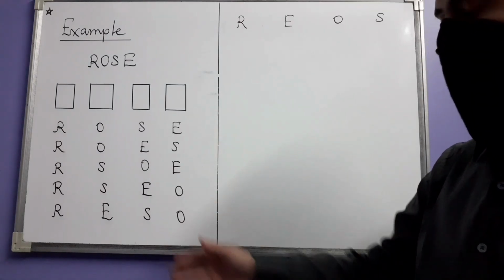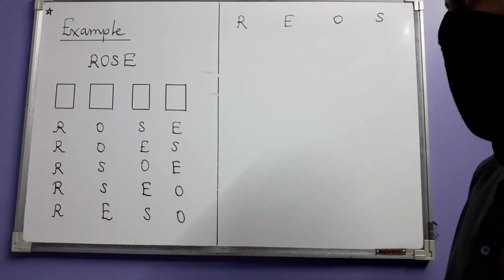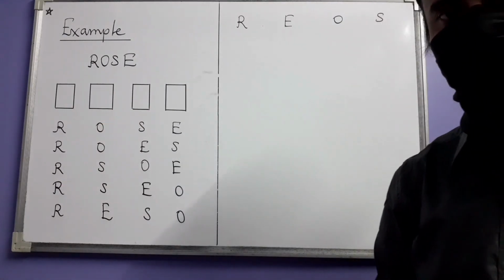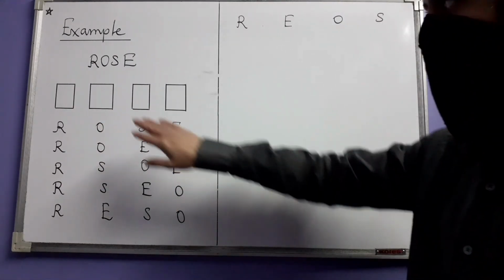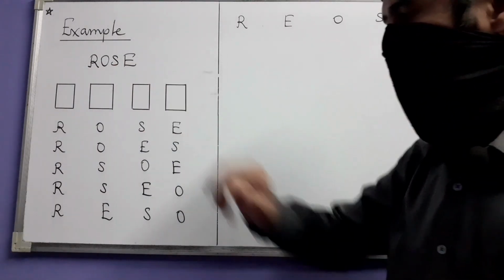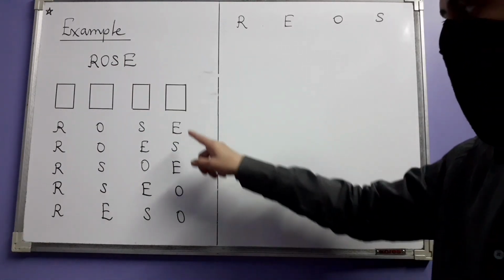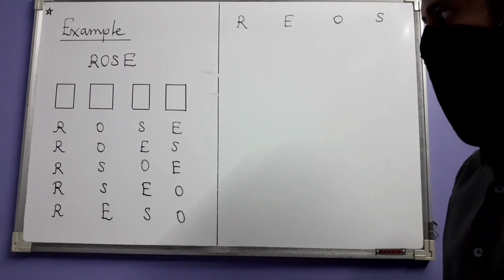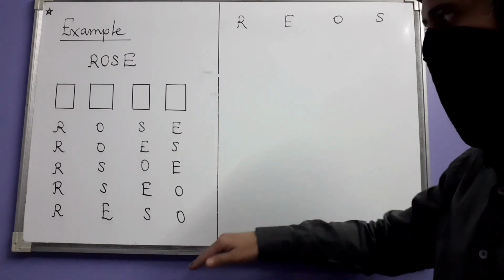These are 6 ways of filling in these boxes, with the first box constantly filled with R. Then the remaining 3 boxes can be filled in with O, S and E, and the number is 6. Do you see how? And these are all the possible ways.